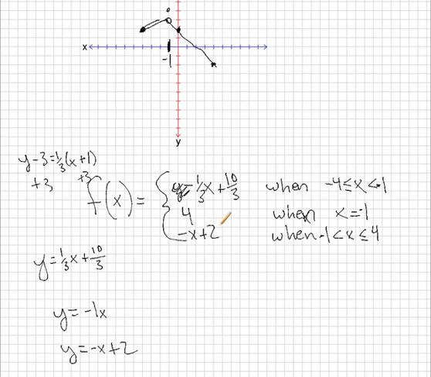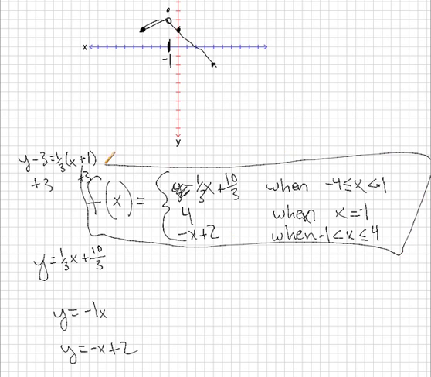All right, hopefully that helped you understand piecewise functions a little bit more. So this is the equation of a line right here. This is the equation of the line on the interval -4 to 1, and then this is the y coordinate when x is 1.